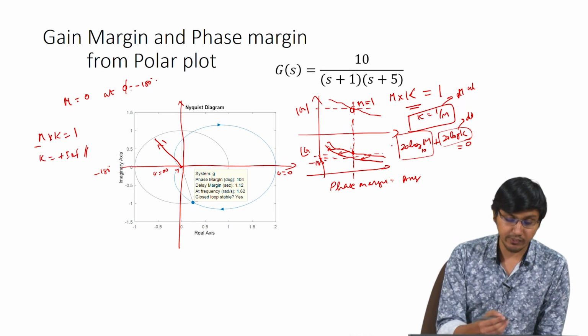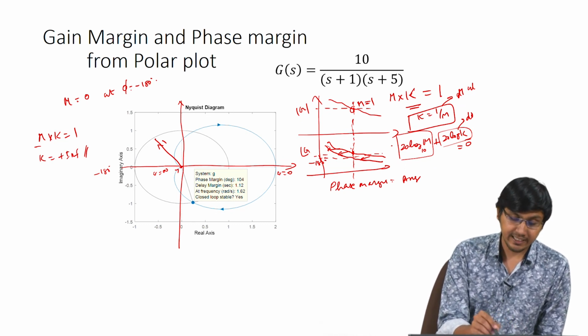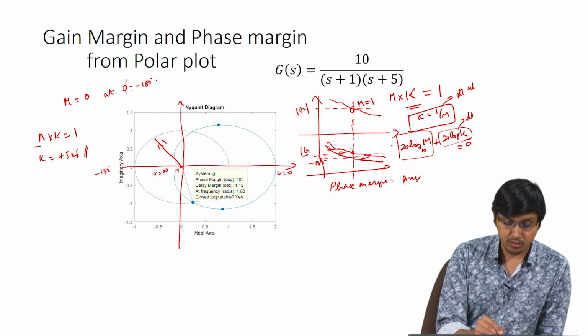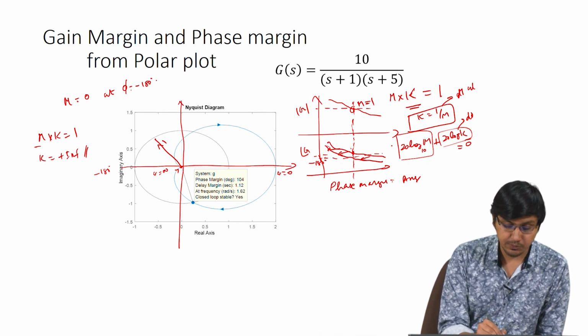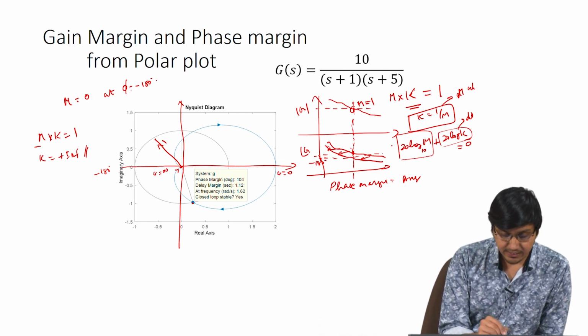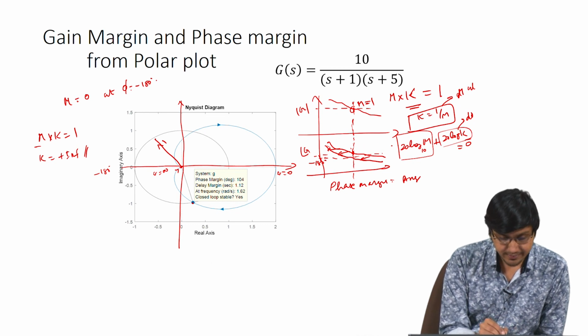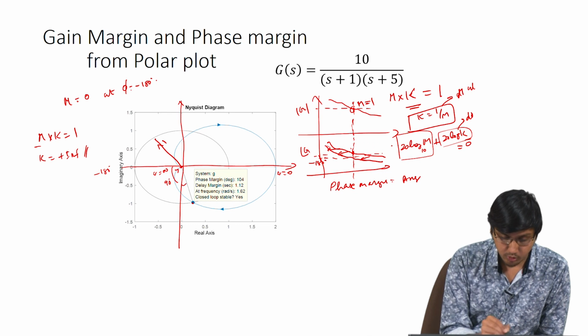So the same thing we can do is draw a circle of magnitude 1. So this is the circle of magnitude 1. At this point we will see what the phase is. This phase is somewhere like this is 90 degrees, and this is a little more than 90 degrees.